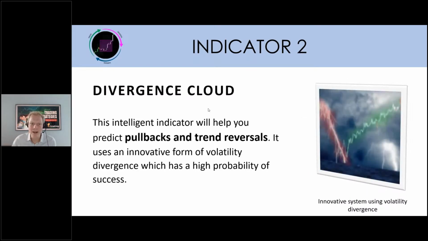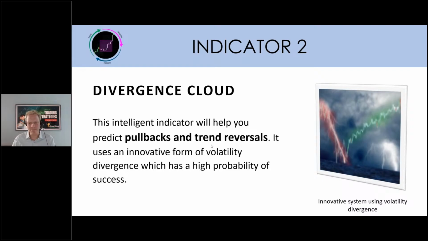The second one is based on divergence, a concept that you are probably familiar with, which is basically a discrepancy between price move and an underlying indicator. There's so many different forms of divergence out there. RSI divergence comes to mind, stochastics divergence, or perhaps MACD divergence, and so forth.